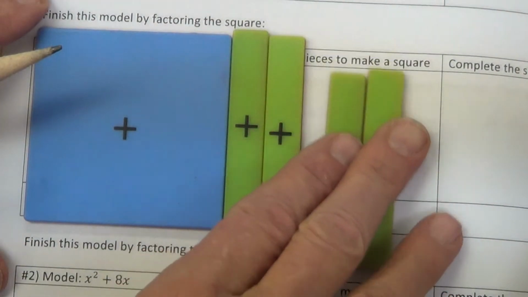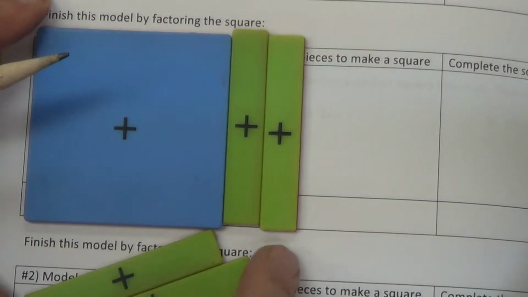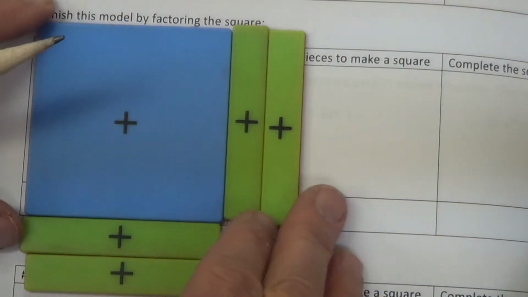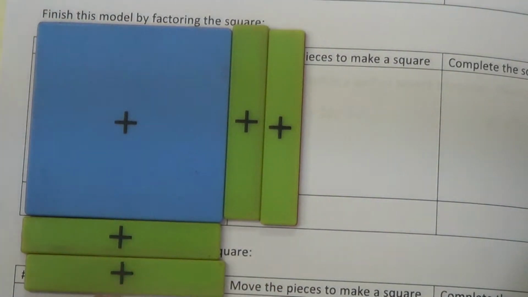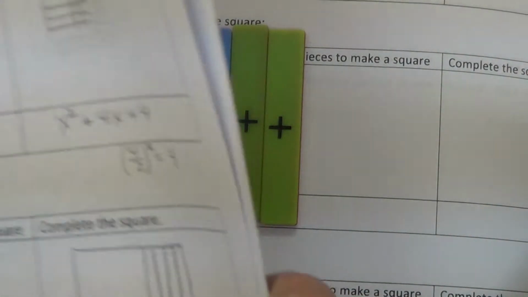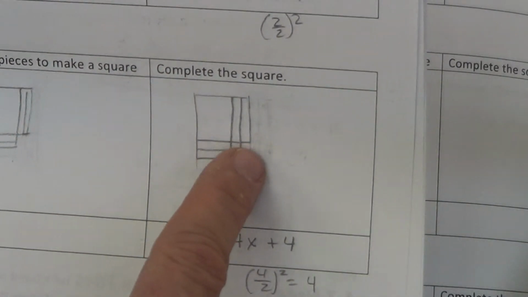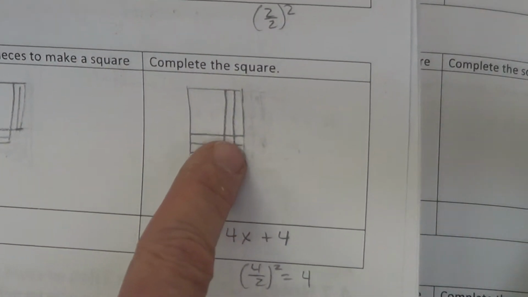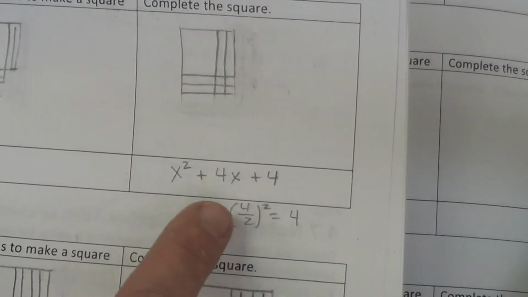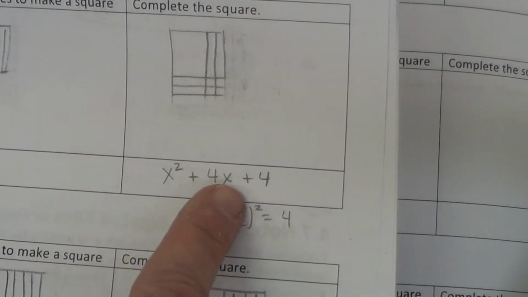Now, on the next drawing, we're going to show x squared plus 2x plus 2x. And then in our final drawing, we show how we complete this square by adding 4 integers right there, just 4. So it becomes x squared plus 4x plus 4.